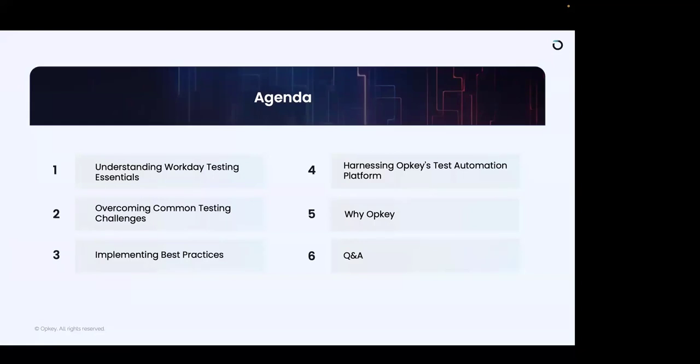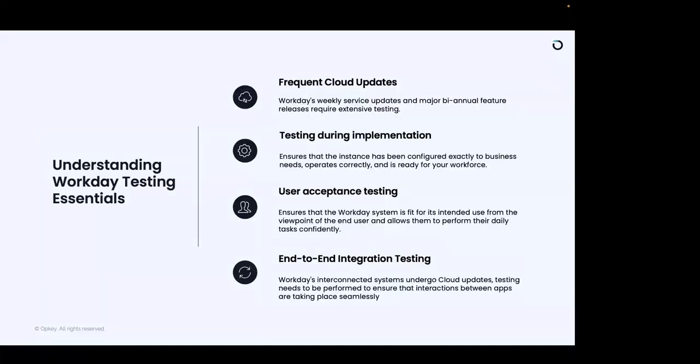Everywhere there are different best practices to be followed, accommodating, as I always say, the process and the technology together, and harnessing Opkey's own test automation platform and how it can benefit you across the entire ERP platform and all of your operations on the testing and validation side of things. And obviously, towards the end we'll take any questions that you have.